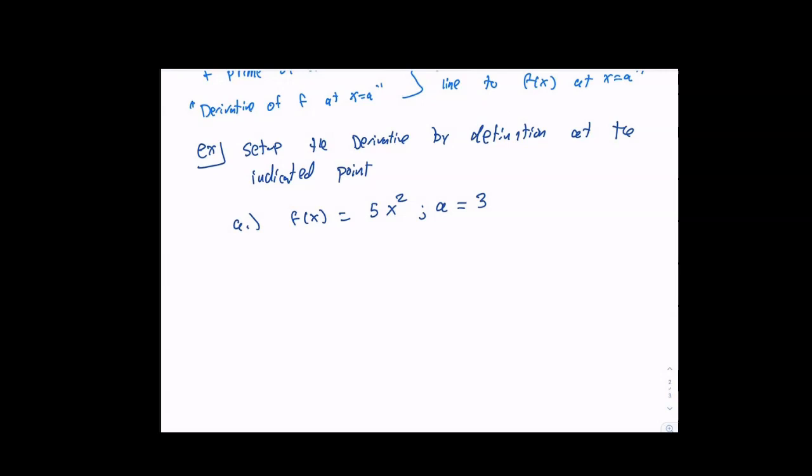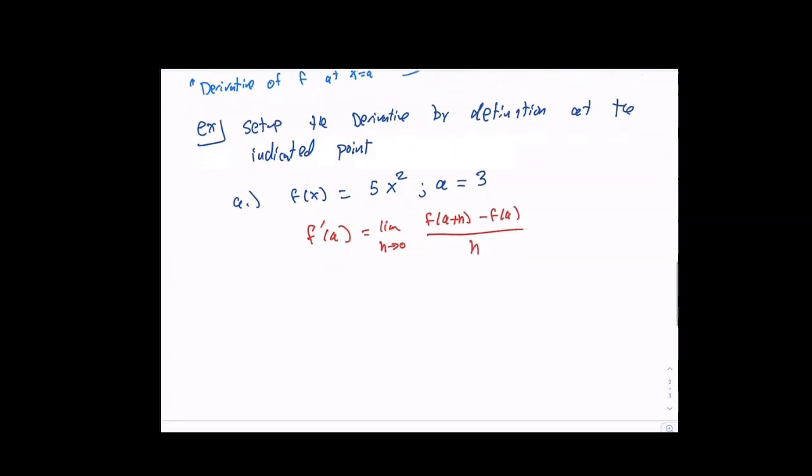This question is asking for f prime of A. And my formula, and you want to write it down, especially this first time, and I can't tell you enough, you want to write this down as many times as you possibly can on a piece of paper, because you want to make sure you get this formula correctly. f prime of A is the limit as h approaches 0 of f of A plus h minus f of A all over h.